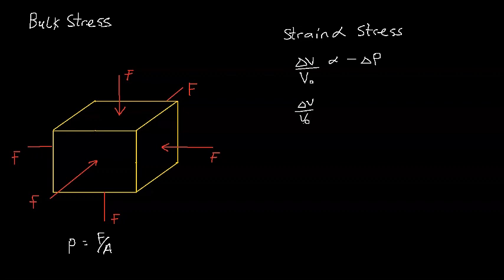So we can write dV divided by V naught is equal to negative the inverse of B multiplied by dP, where dP is our change in pressure. We have a negative sign here because an increase in pressure causes a decrease in volume, and a decrease in pressure causes an increase in volume. So there's also a negative relationship between the change in pressure and the change in volume.